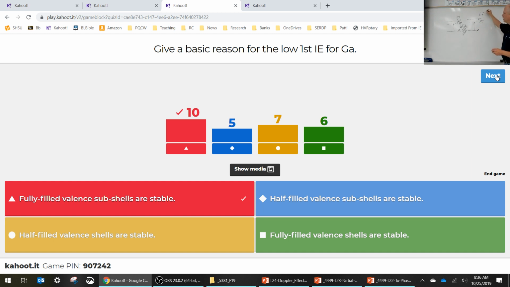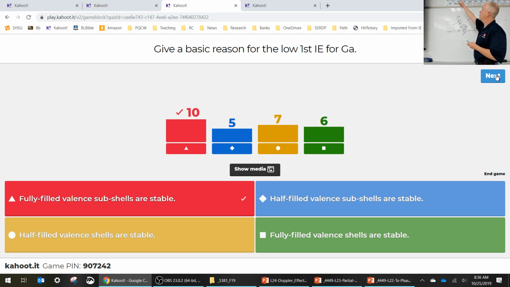Gallium plus has a fully filled subshell. Right? Which subshell is that? Which subshell is fully filled in the gallium cation? The 3d. Yeah, it's 3d10. Yes. So what's the difference between the rubidium shell and the gallium subshell?